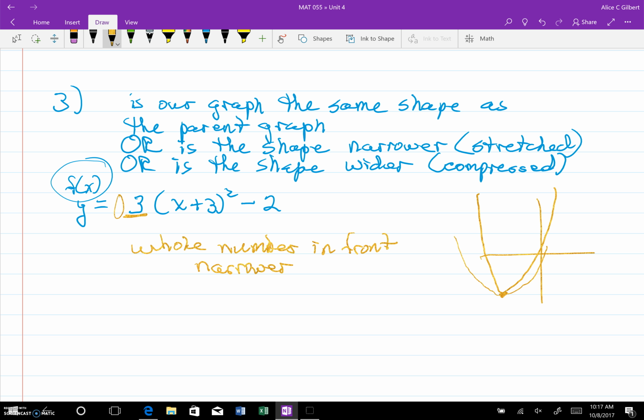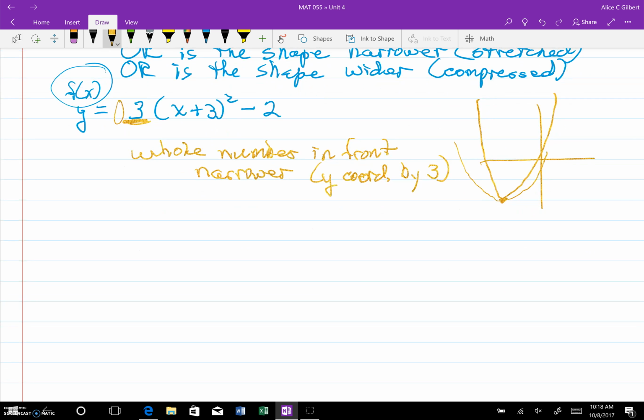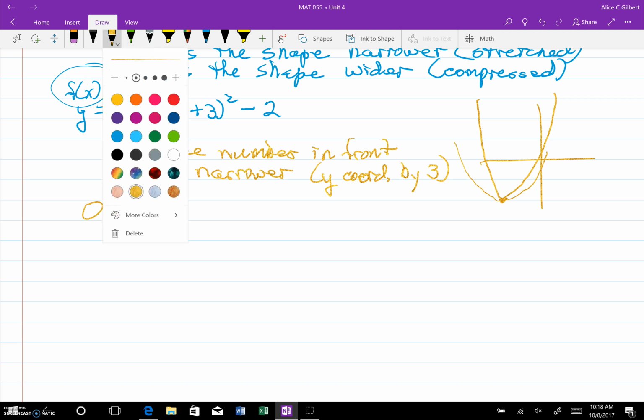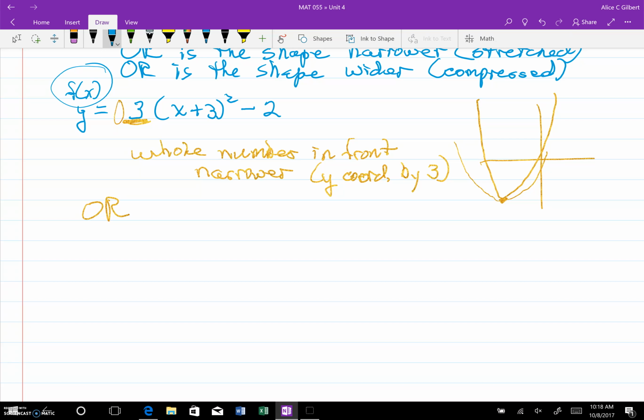Every time we figure out what our point is, we will multiply our y coordinate by, in this case, 3, so by whatever this whole number is, okay?